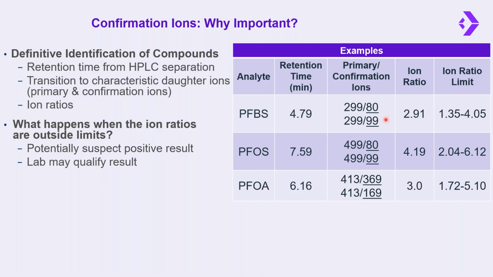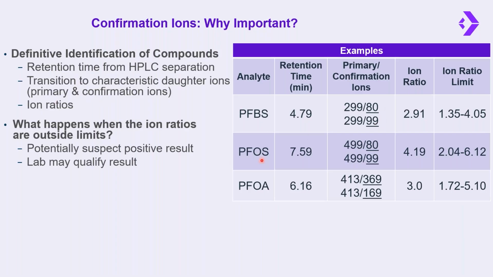So this again is specific to PFBS, and the lab uses the area count of the primary ion 80 to figure out the concentration of PFBS, and the confirmation ion 99 has to be present for that positive identification. And then the ratio of the primary ion 80's area count to the confirmation ion 99 area count has to fall within a certain range to confirm that detection.